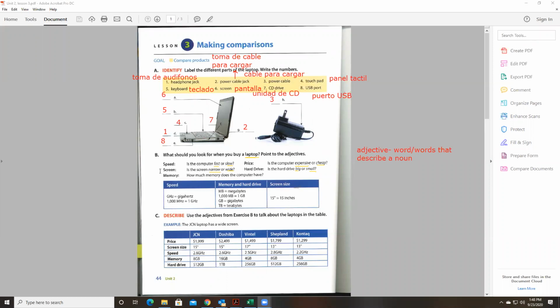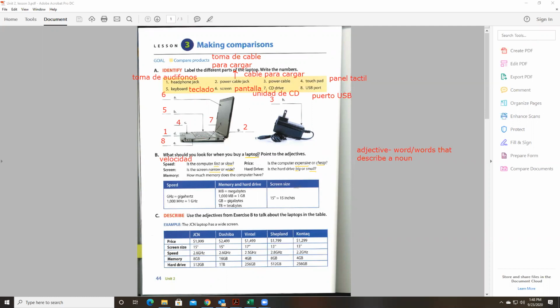We're looking at these different things. So speed, velocidad. How fast is the computer? Is the computer fast, rápido, or slow, despacio?